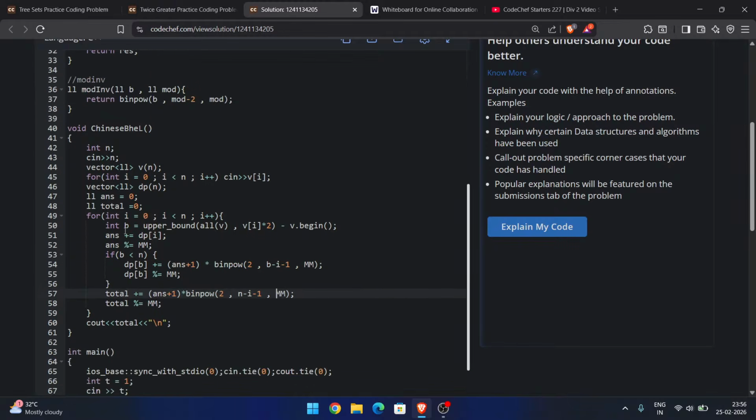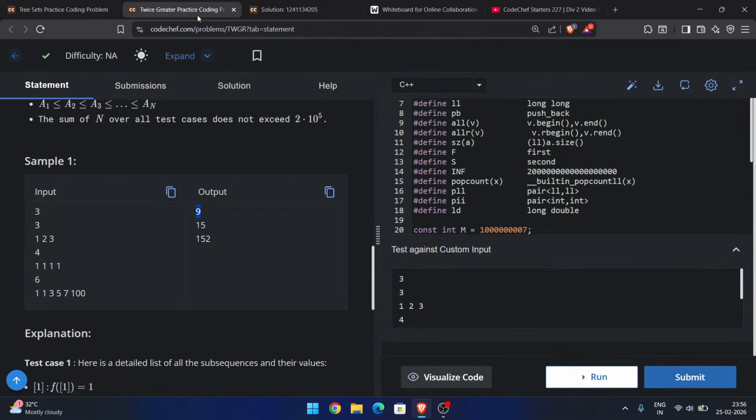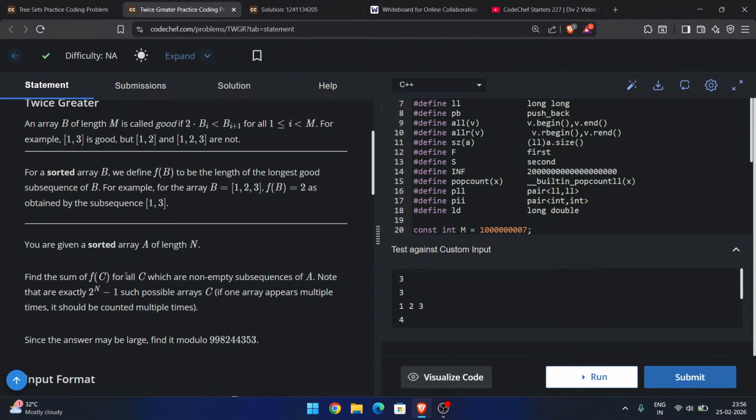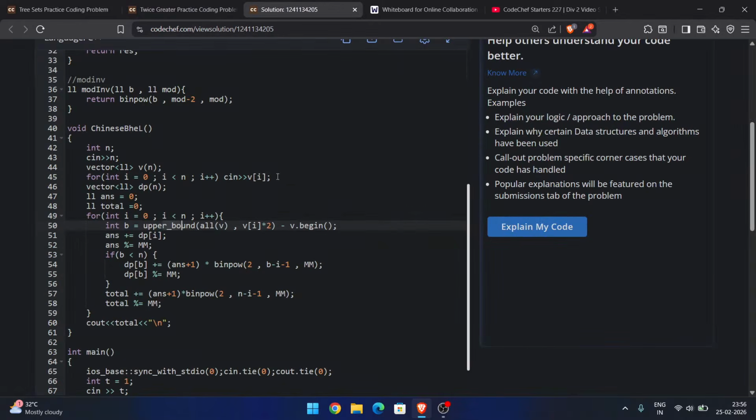Now, you can see I am using upper bound. So what would upper bound give me? The array is already in increasing order, it's given in the question only. So the array is sorted in increasing order. By upper bound, I am finding the just greater element that is more than twice of this.